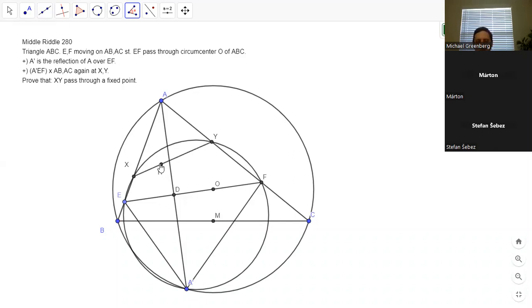But if we could show that XY over EF equals AH over AO, then that means that H lies on it. So it's the same as saying that the ratio of these two circles, the ratio of their radii, is AH over AO.